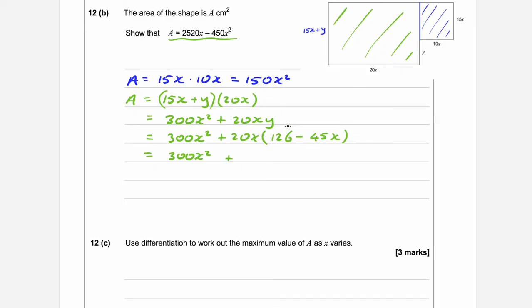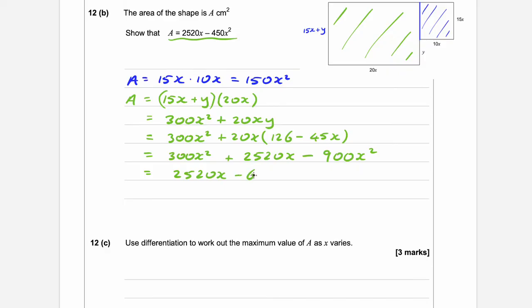I can do that in my head actually, guys. That's going to be 252 and a 0, so 2520x minus 900x squared. 20 times 45 is 900. Okay, good. So the green area is 2520x minus 900x squared. Let's start with the positive.